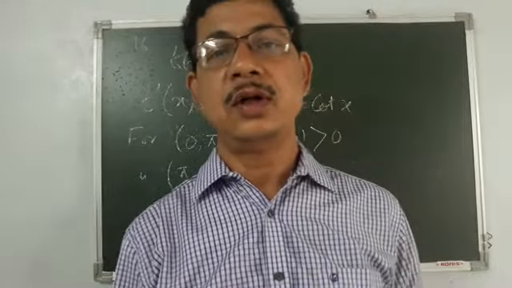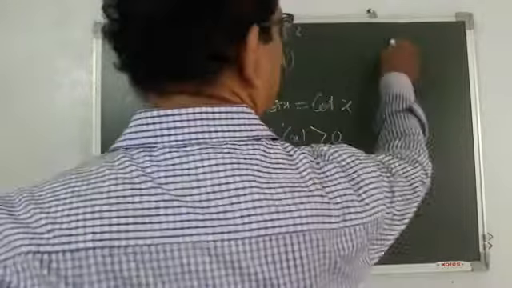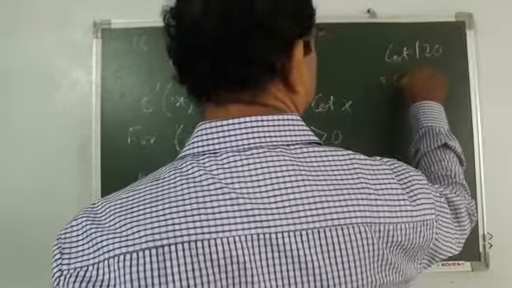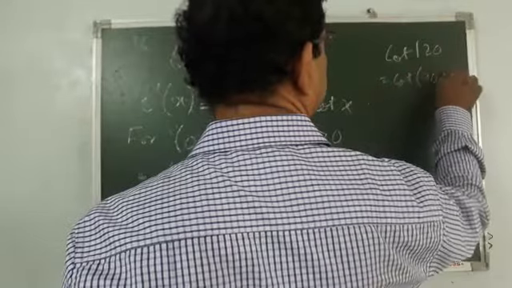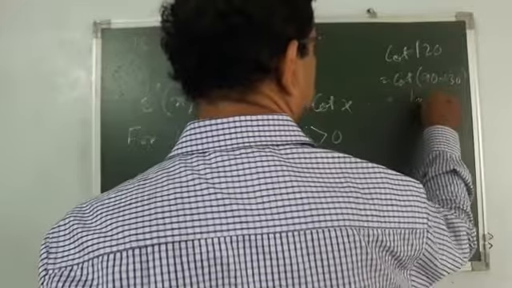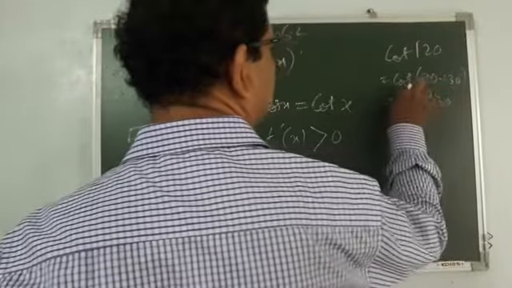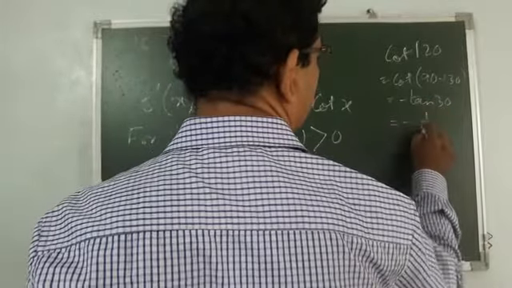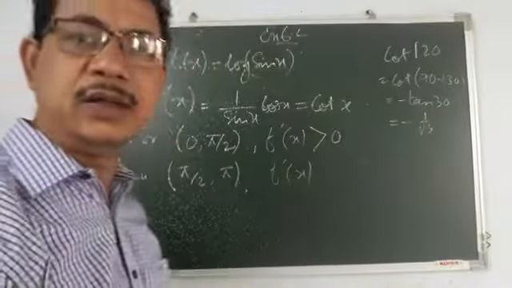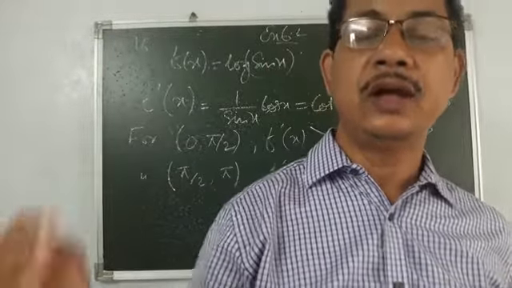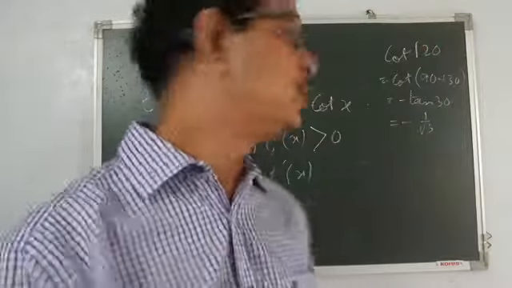Then cot(90 plus 30), it becomes minus tan 30, and in the second quadrant cot is negative. Tan 30 is 1/root 3. So what value are we getting? Negative. Not only for this, any value we take in between 90 to 180 gives a negative value.